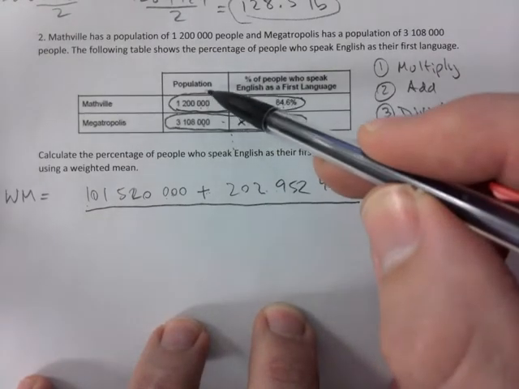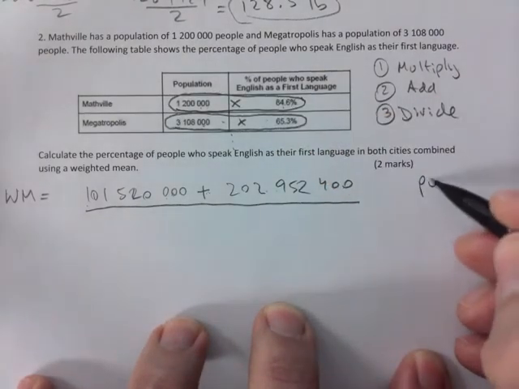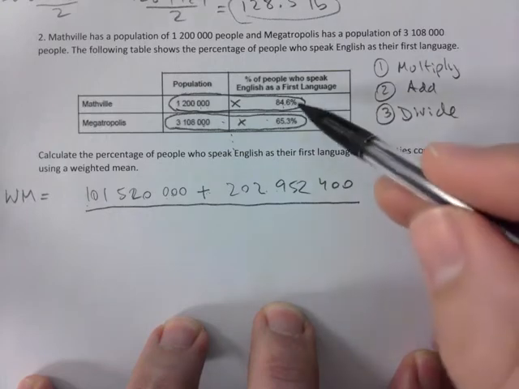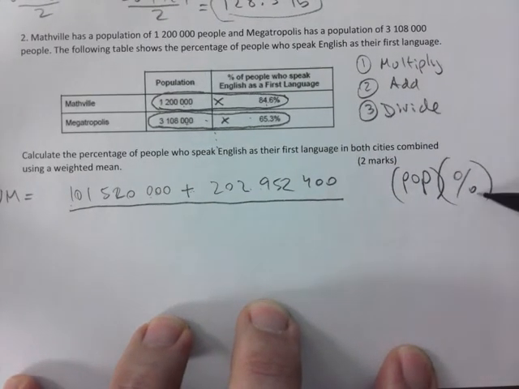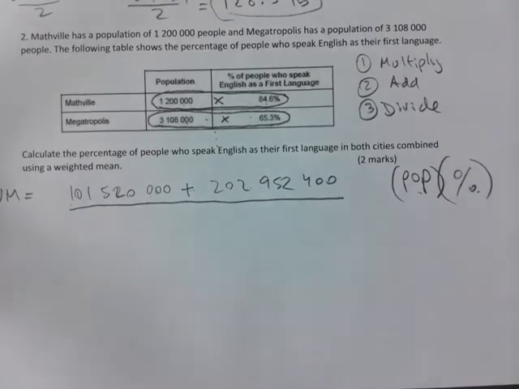What did you do? You multiplied population times percentage of English, right? That speak English as a first language. That's what you've been doing. Now, only one of those will stay. Read the question here.